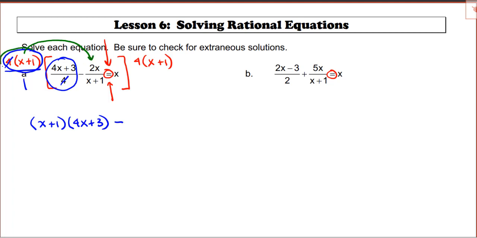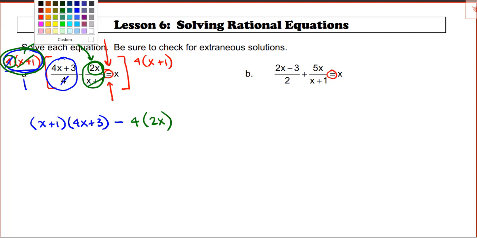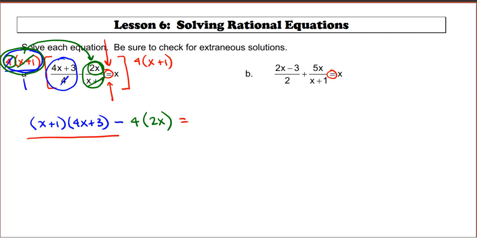So I multiply this same thing on the outside by this guy, but this time, who's gone? X plus 1, and the 4 and the 2x are left. So there's the 4, and there's the 2x. Hey, hang on, let me just finish. Equals. And then on the right side, do you see 4?